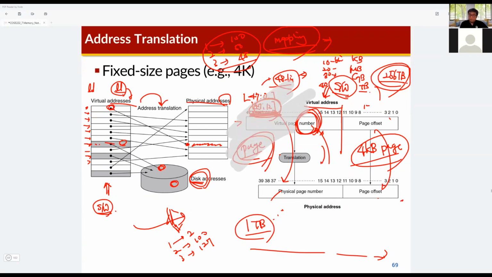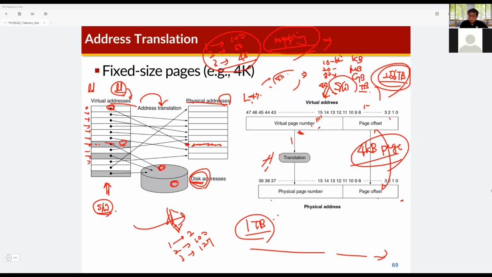In this concept, this upper part is called the virtual page number, or VPN, and then this VPN is translated into the physical page number, PPN. Okay, this is how the virtual address is translated into the physical address.